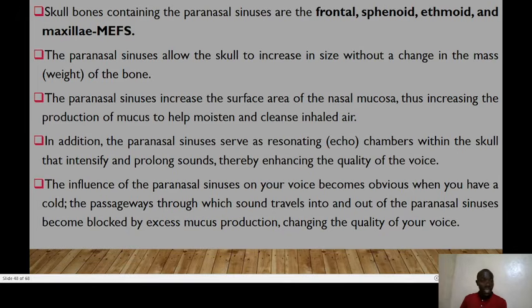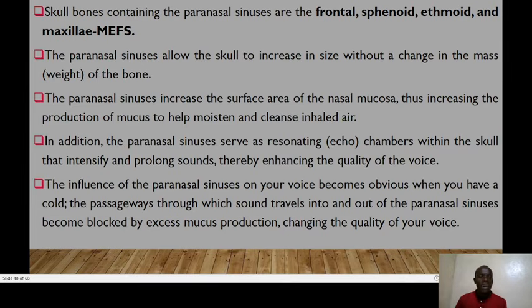So the paranasal sinuses allow the skull to increase in size without change in the mass, that is the weight of the bone. Okay, paranasal sinuses increase the surface area of the nasal mucosa, thus increasing production of mucus to help moisten and cleanse inhaled air. In addition, paranasal sinuses serve as resonating chambers within the skull.